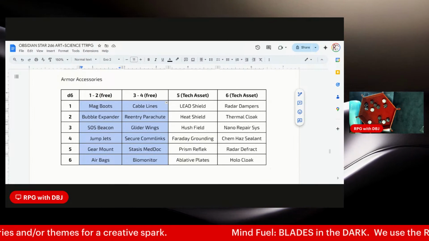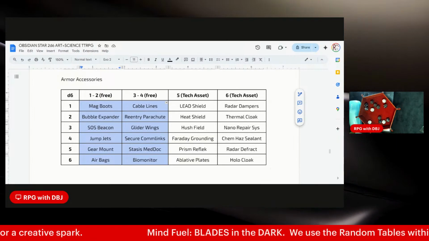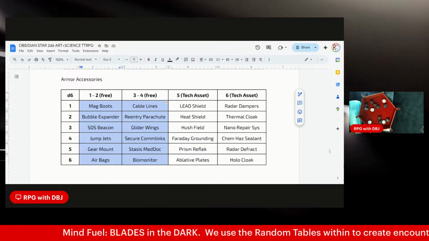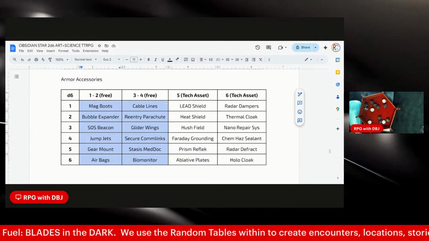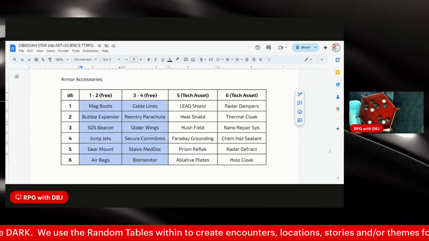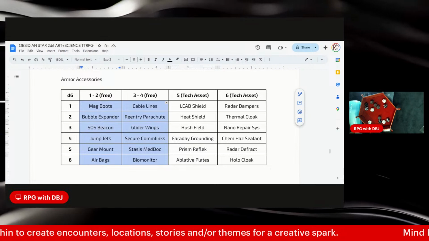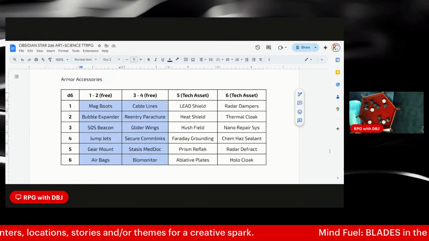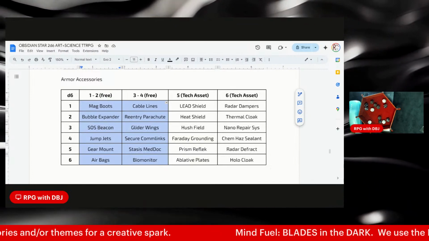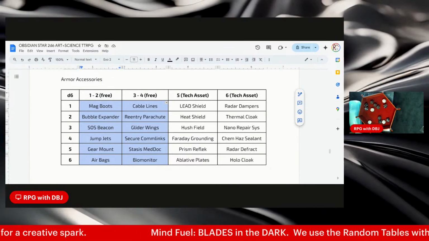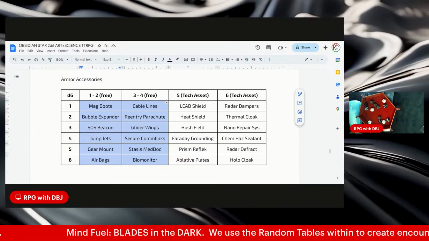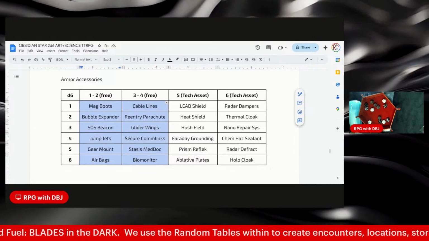So things like mag boots, cable lines, re-entry parachutes or glider wings or jump jets, SOS beacons or gear mounts, or a stasis med dock or biomonitors or airbags on your spacesuit, they're just free. A bubble expander for a spacesuit is a mechanism that allows your spacesuit to turn into a bubble, and you're on the inside of it.